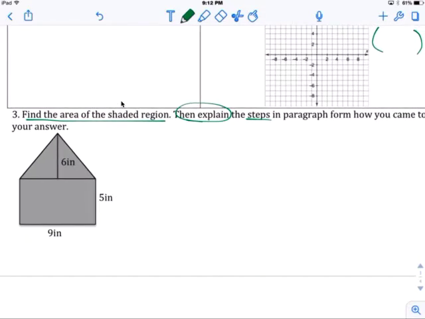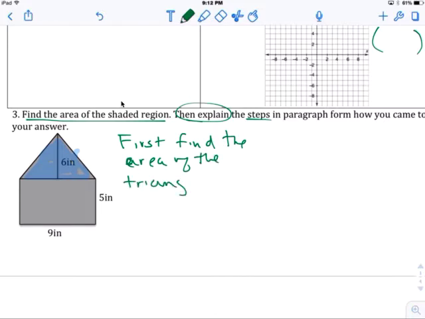First, find the area of the triangle, this triangle here. The formula to use is length times width divided by 2, or you can use base times height divided by 2.